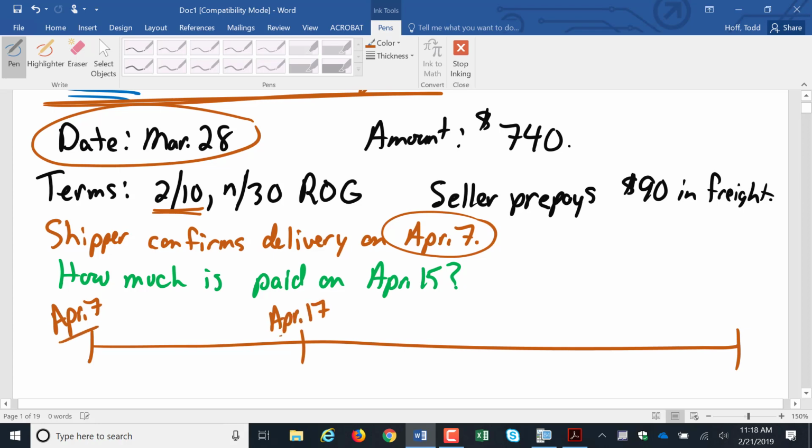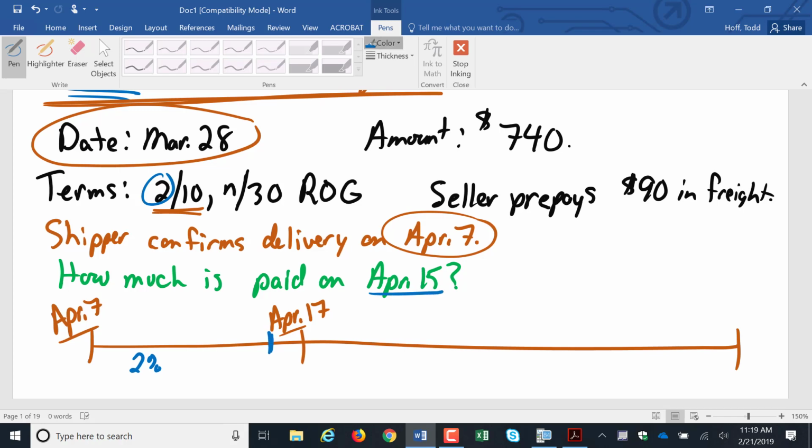That's the end of our discount period. And that is a 2% discount during that period. So April 15th does fall within that discount period. So they're going to get the discount. Again, just to complete the timeline, 30 days later would be May 7th, only 30 days in April.